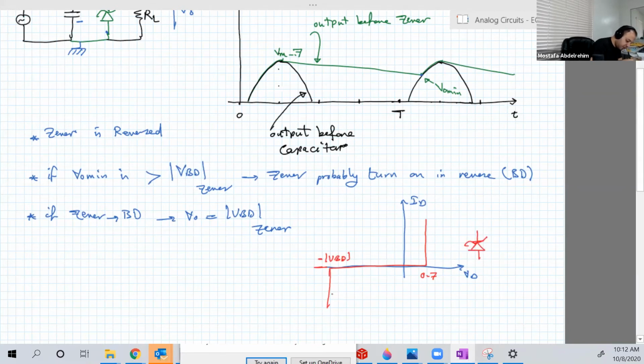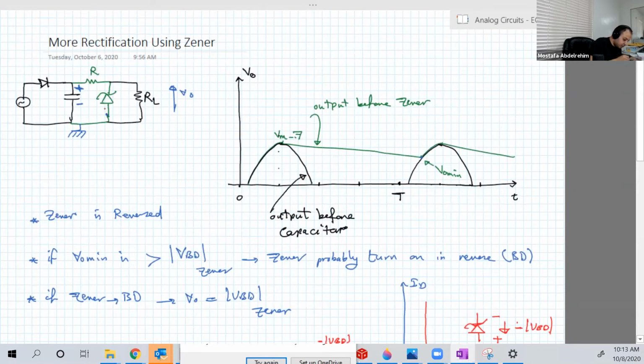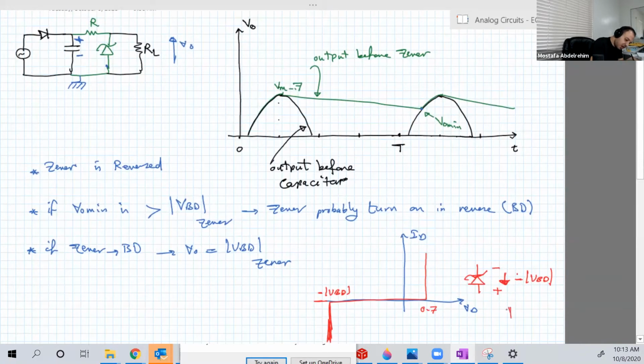In that region here, if we are in breakdown, the voltage will be negative, equal to minus VBD. Remember here, the Zener is connected in that way. So if the voltage in that direction is equal to minus VBD, then in that direction it would be equal to positive VBD, which is the V output.